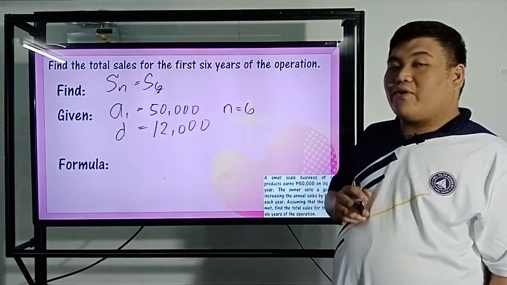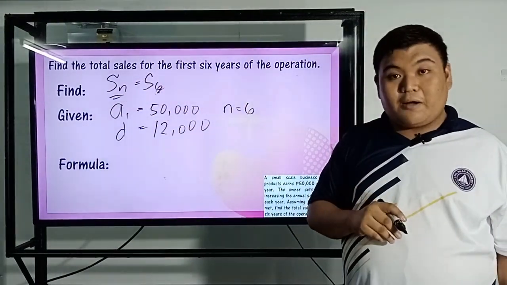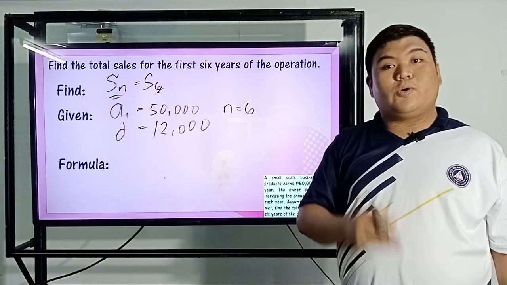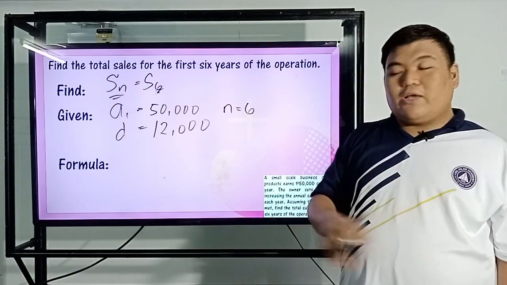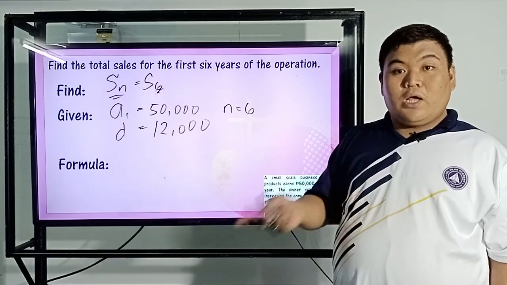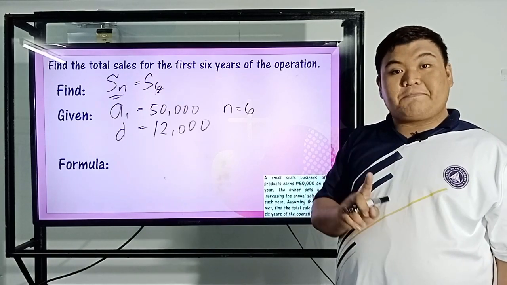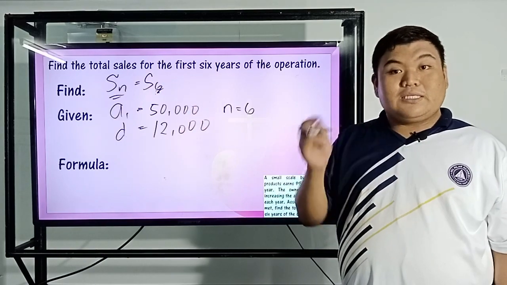And lastly, for the formula, since we are again looking for the sum, depende na po sa inyo kung ano ang formula na inyo pong gagamitin. Now, for this example, let's say mas madali yung pangalawang formula. Kasi diba sa pangalawang formula, diretso nating makukuha na yung sum.